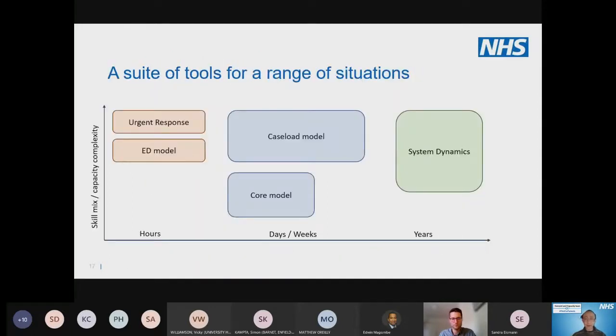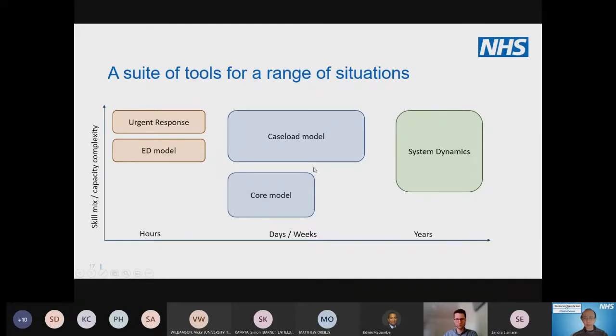On that note, there's a range of different types of models we do have. Those of you who've seen our earlier webinars will know the caseload model. We've also got the urgent response model. This looks at response in terms of what kind of time frame you're looking at, so your non-elective work might be within hours, for example.